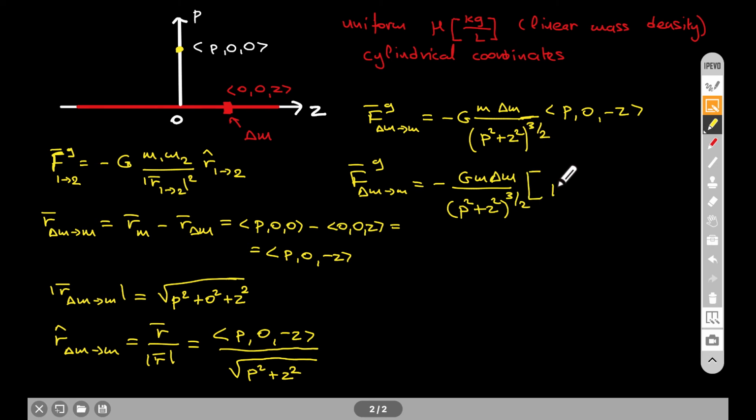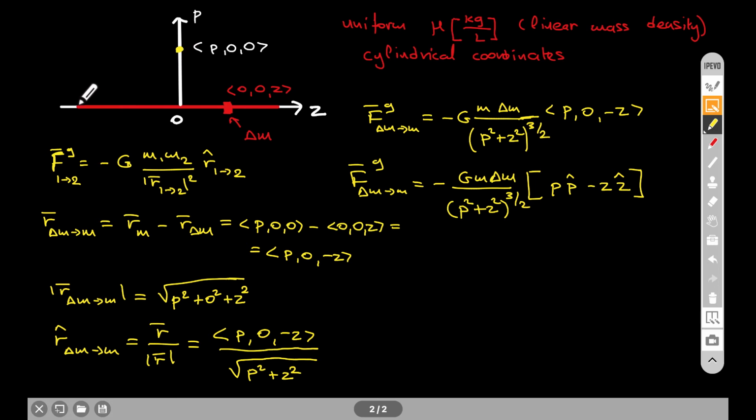I'm just switching notation. Now what I found is the gravitational force that a small piece of mass exerts on the point particle.